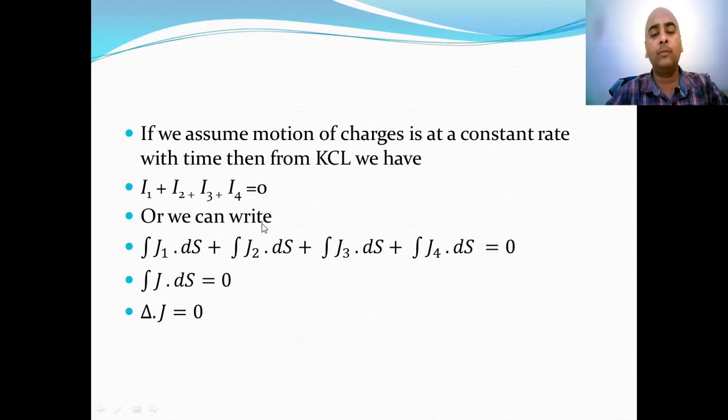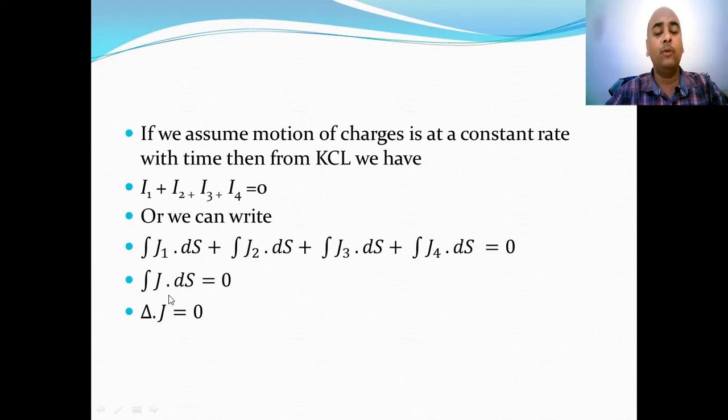In terms of current density, I1 can be represented as the integration of J1 dot dS, I2 as the integration of J2 dot dS, and so on, equal to 0, or they can be written as the integration of J dot dS equal to 0.